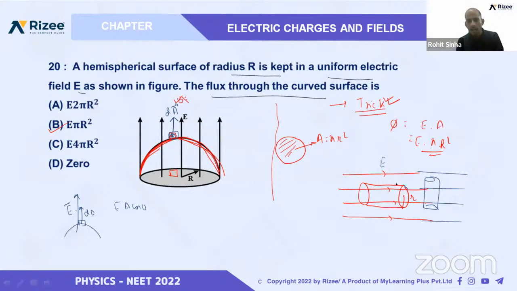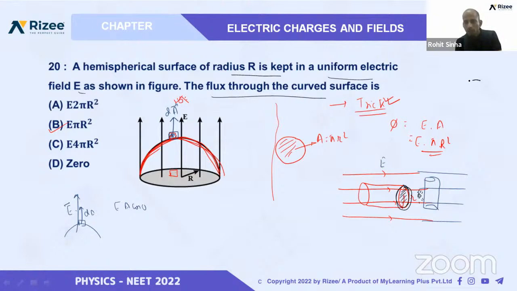Now, I have given you one trick. When we are talking about this cylinder, what will you see? Imagine you are seeing this cylinder from this side. You will see that it will appear like a disc. Only this you will see.